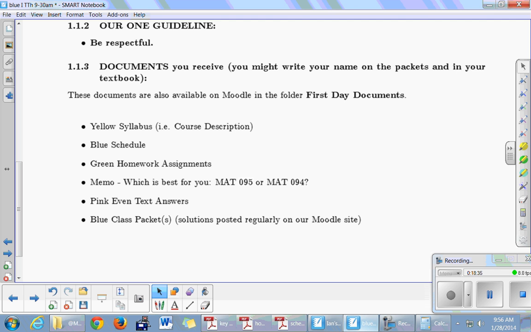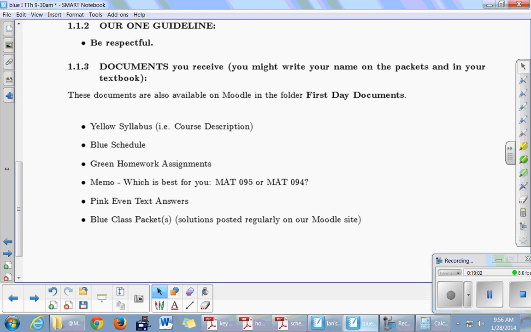If you are feeling overwhelmed, and it doesn't have to be today or tomorrow, it could be any time in the first month and change, but if you're just feeling like we're moving too quick and it's been too long for you, I want you to know there's this option of switching into another class that might help you get more up to speed so that you're feeling comfortable in this class next semester, all right? That memo gives some details about that option.